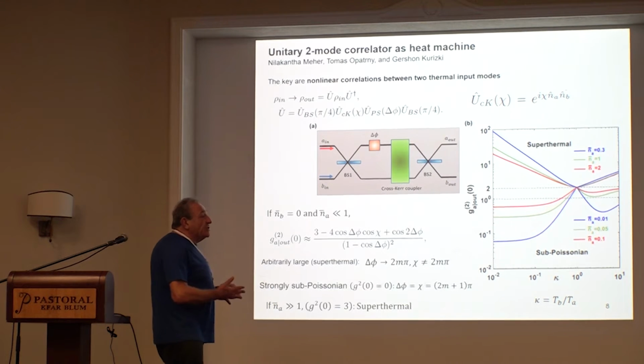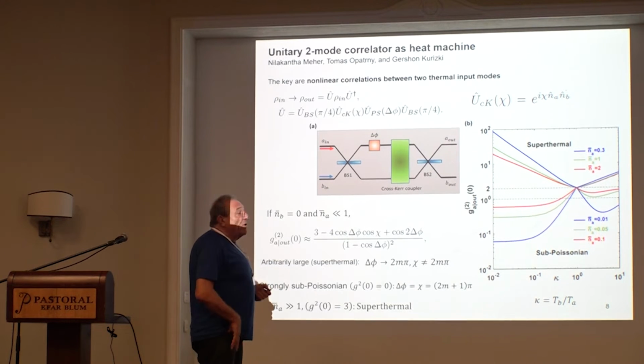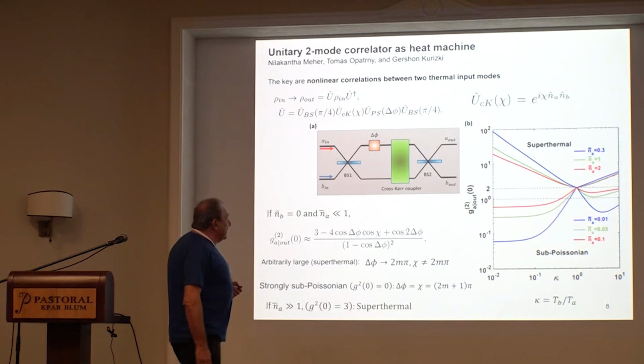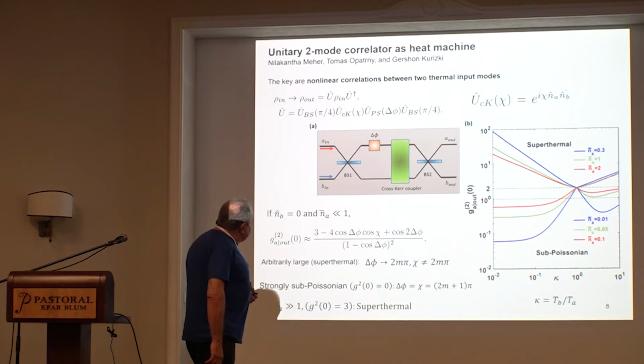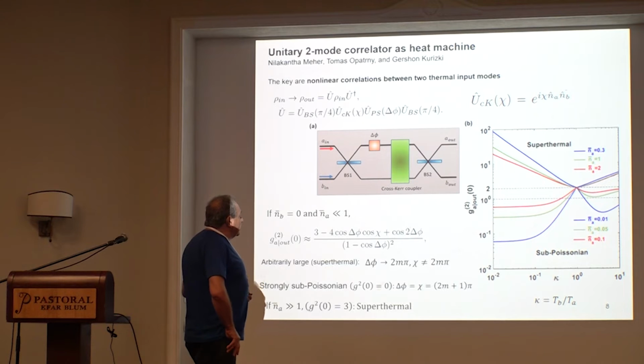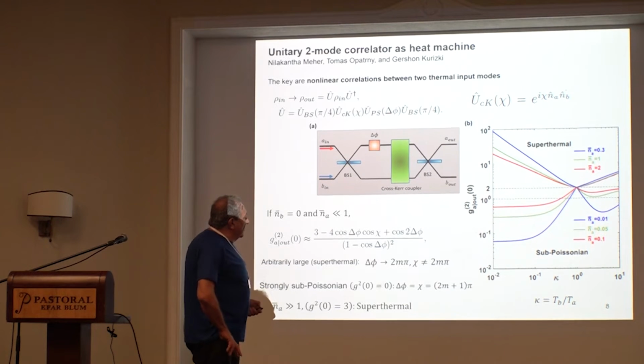You have something which is even non-Gaussian and capable of producing work. Furthermore, you have here a control of the quantum statistics of the output, which strongly depends on the nonlinearity and on the temperature ratio of these two inputs, which again are thermal inputs.